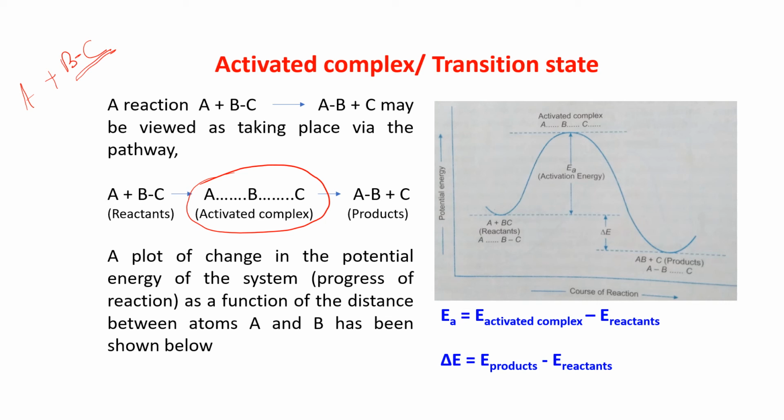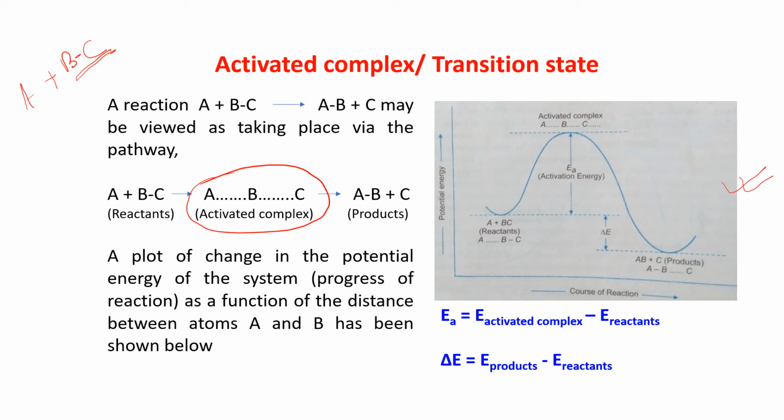As soon as the system attains the maximum potential energy, equal to the threshold energy, the activated complex decomposes and gives you the product. And when it gives you the product, again energy is released. That is shown with the help of this graph.